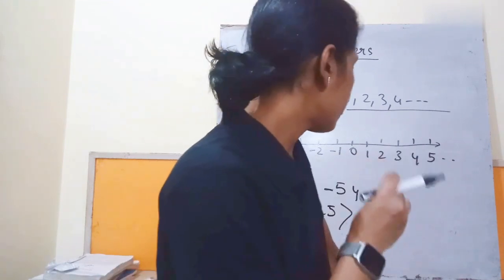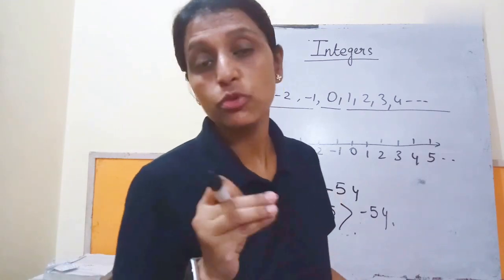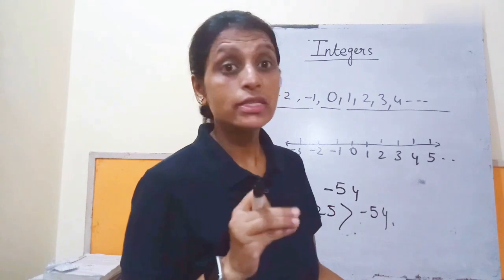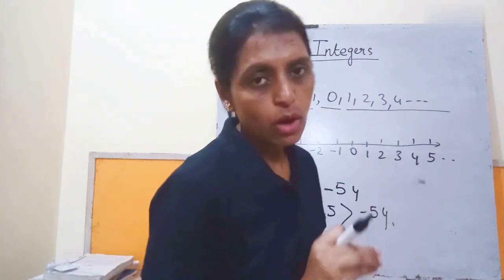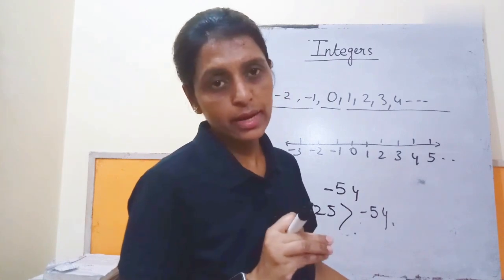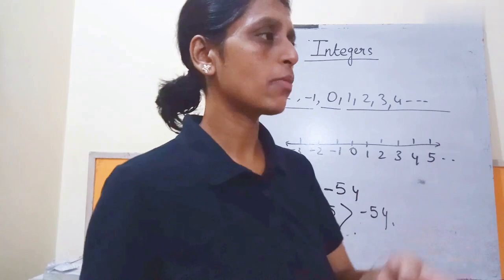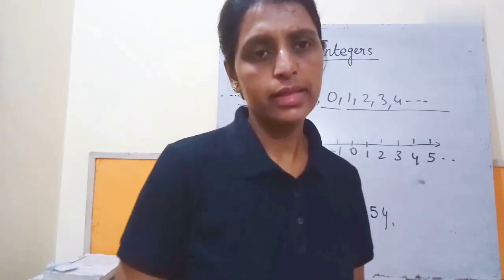I have found that children are making so many mistakes in putting up the sign. Okay, they are facing problems with the sign. So I'll tell you how we have to put the sign and what operation we need to do when both the integers are positive or negative, or one is positive and one is negative.